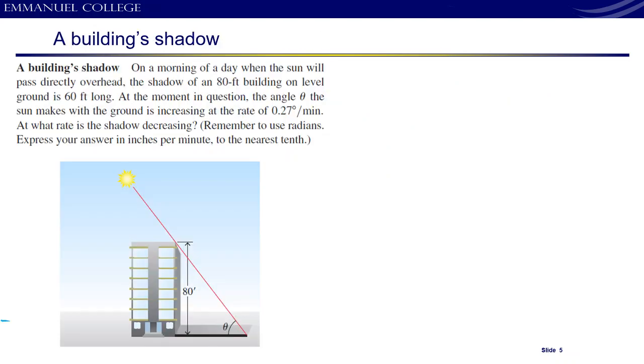And on to the last problem. So, building shadow. On the morning of a day when the sun will pass directly overhead, the shadow of an 80-foot building on level ground is 60 feet long.